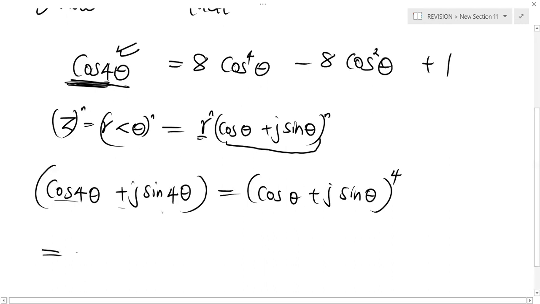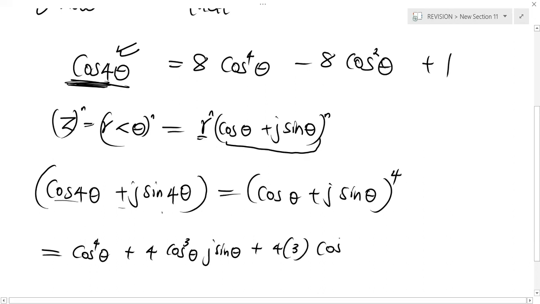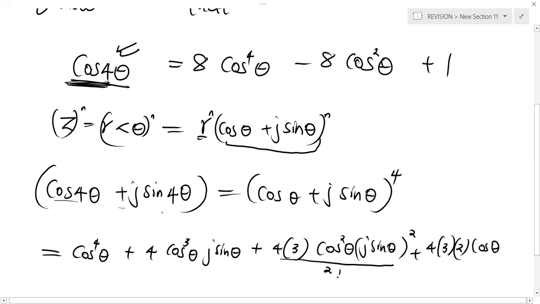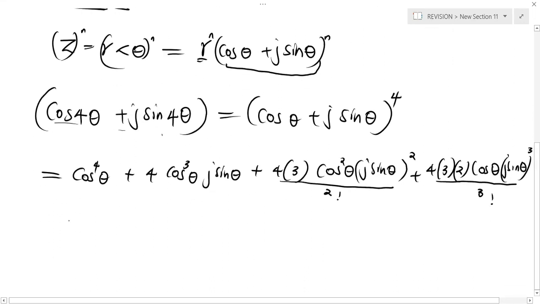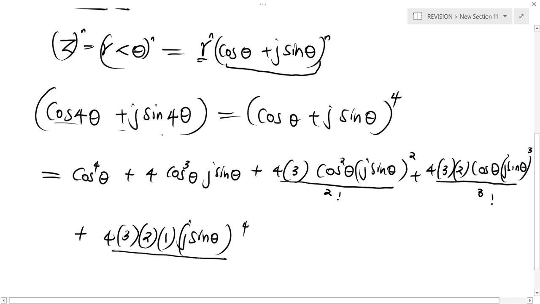That will give me cos⁴θ plus 4 cos³θ (j sin θ), plus 4·3 cos²θ (j sin θ)² all divided by 2 factorial, plus 4·3·2 cos θ (j sin θ)³ all divided by 3 factorial, and then finally plus 4·3·2·1, cos is now raised to power 0 and that gives 1, so (j sin θ)⁴, all divided by 4 factorial.